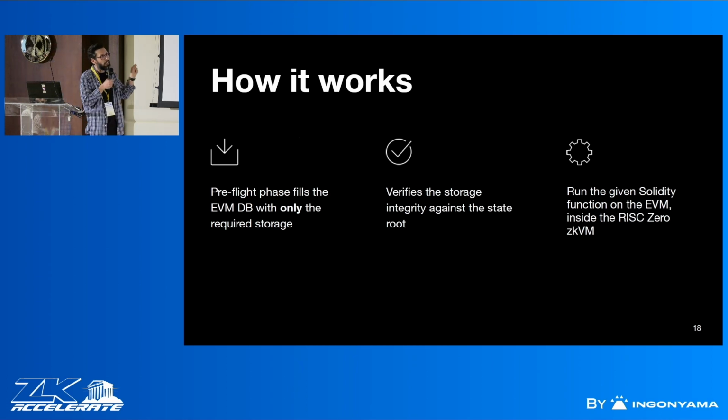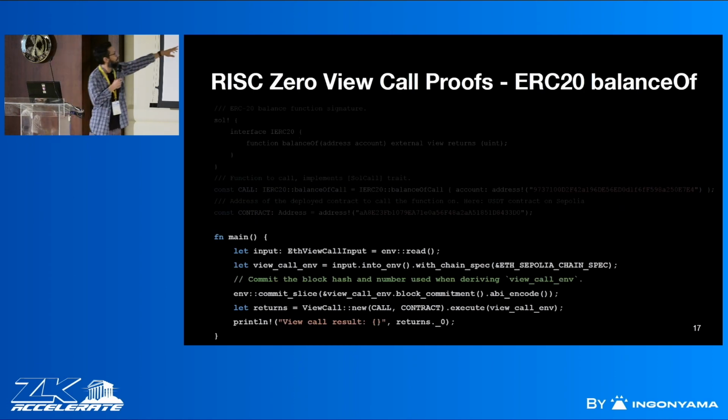And then for each of the storage slots and accounts that have been involved during this query, we make use of the eth_getProof RPC method to get the proof of inclusion for each of those. That is the part of the input we were talking about here. So here you have a sort of cache DB that the EVM will then use.